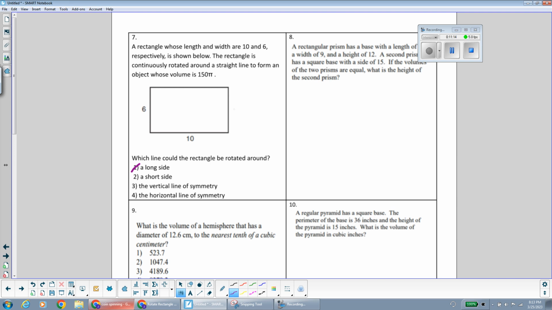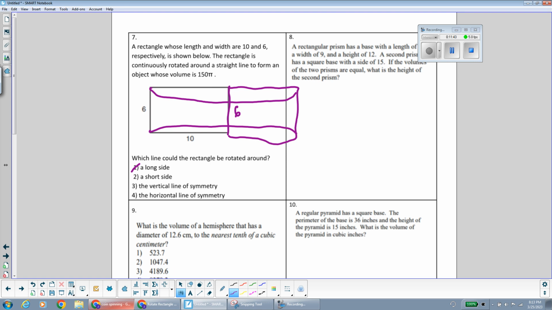Okay, a short side. So that's one of the short sides. So if we're rotating around the short side, here would be my cylinder. Okay, so the height would be 6. So as we can see here, when we're rotating it to become a cylinder, let me draw in my circle part. I'm a terrible artist. There we go.